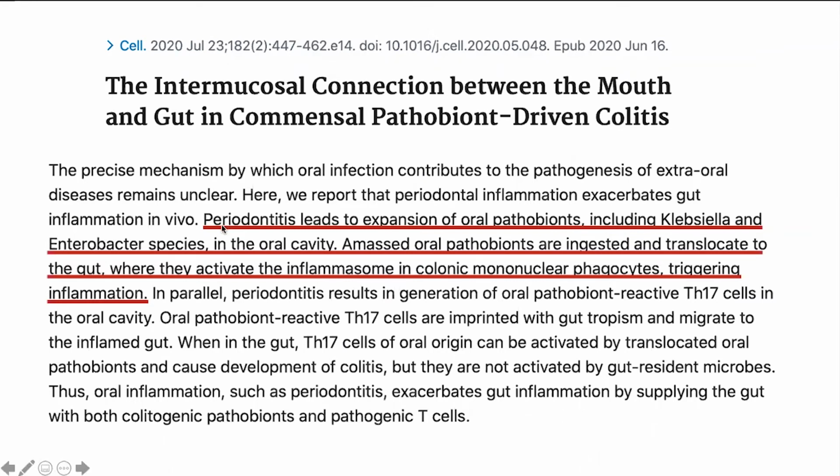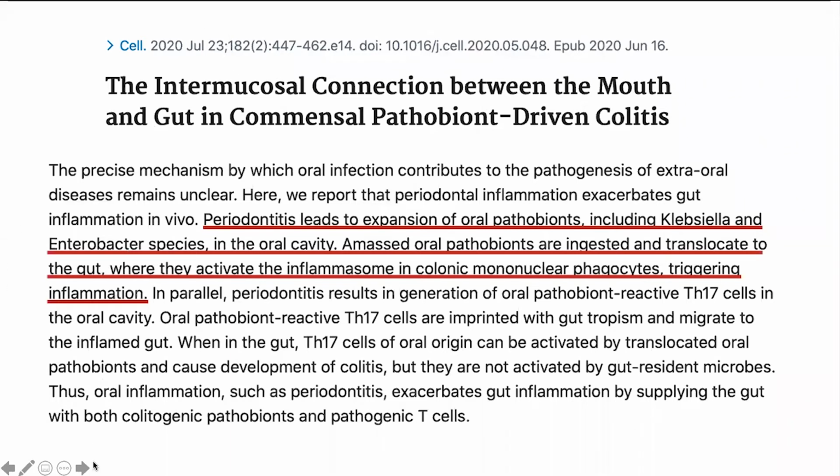They say here, periodontitis leads to expansion of oral pathobionts, including Klebsiella and Enterobacter species, which are both on our test, in the oral cavity. Amassed oral pathobionts are ingested and then translocate to the gut. So they're basically swallowed, pass through the stomach, and then end up in the lower GI tract, particularly if there's not enough stomach acid, where they activate the inflammasome in colonic mononuclear phagocytes, triggering inflammation.